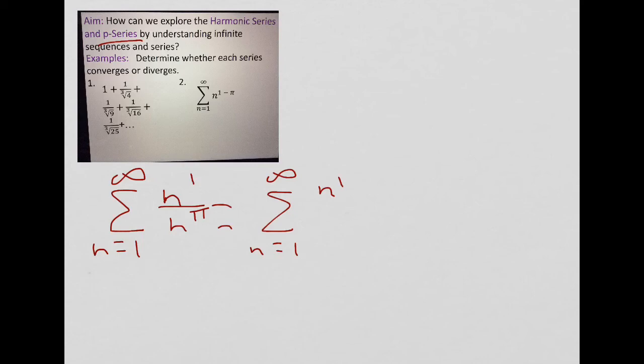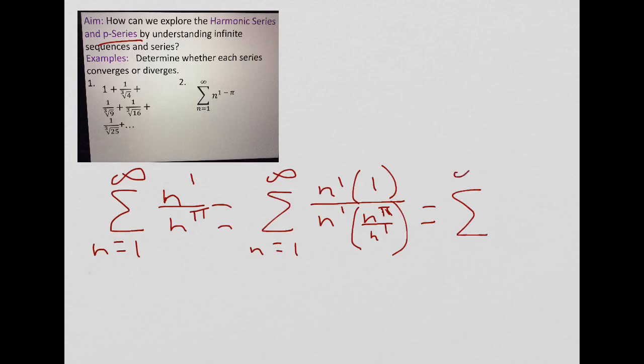I'm going to do the same thing with the denominator, dividing by n to the first, and n to the pi. So n to the first over n to the first is 1.